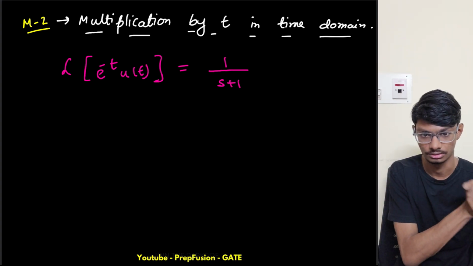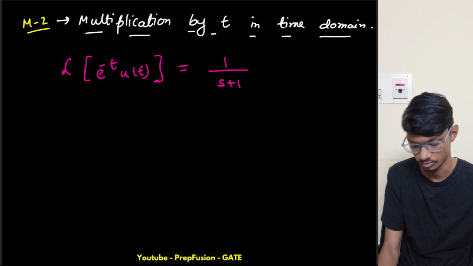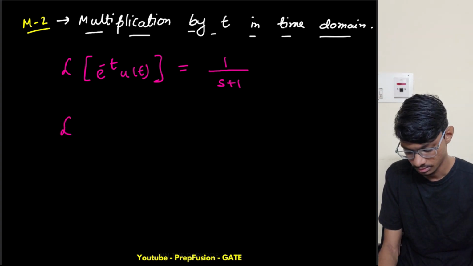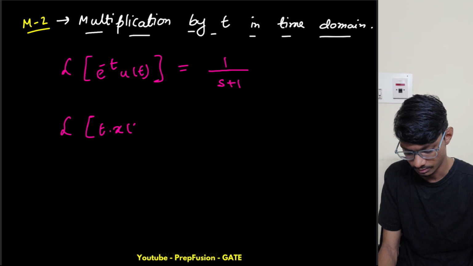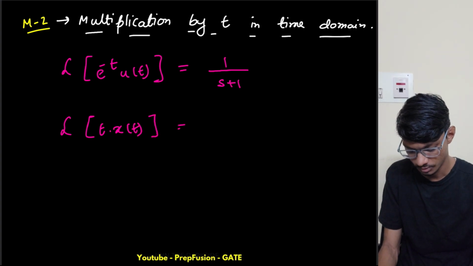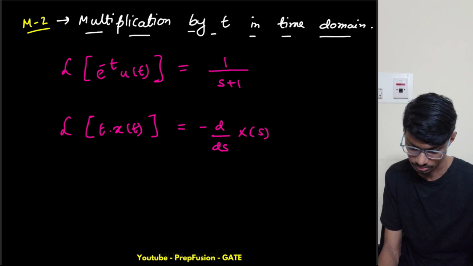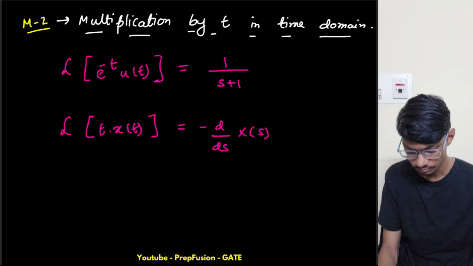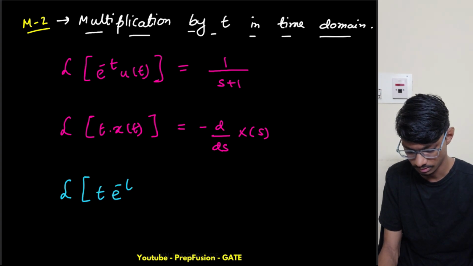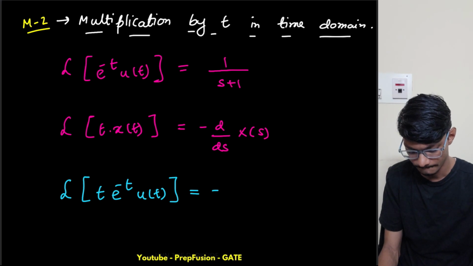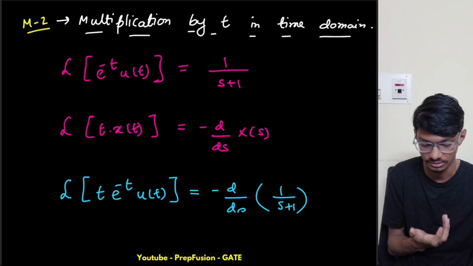Differentiate in the Laplace domain, the frequency domain. t into x of t should be minus d by ds of X of s. So the Laplace transform of t into e raised to power minus t u of t equals minus d by ds of 1 over s plus 1.